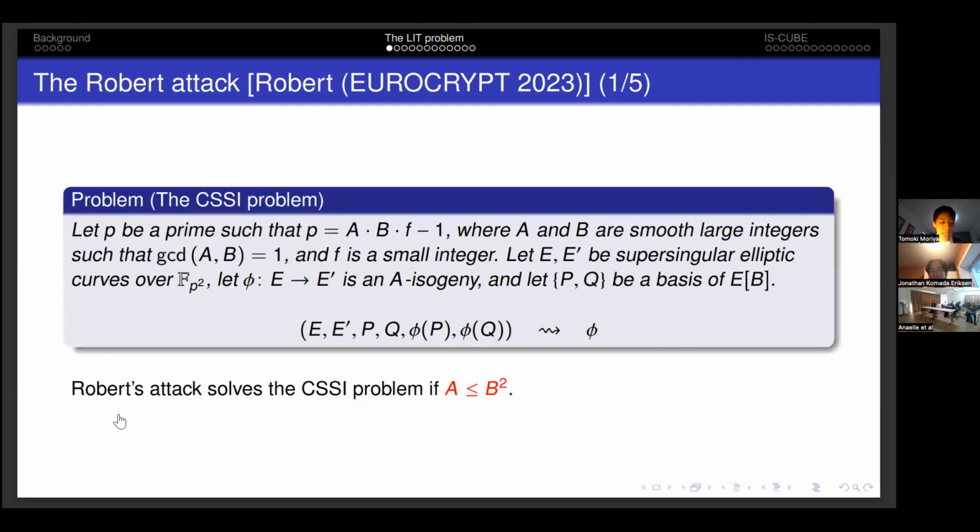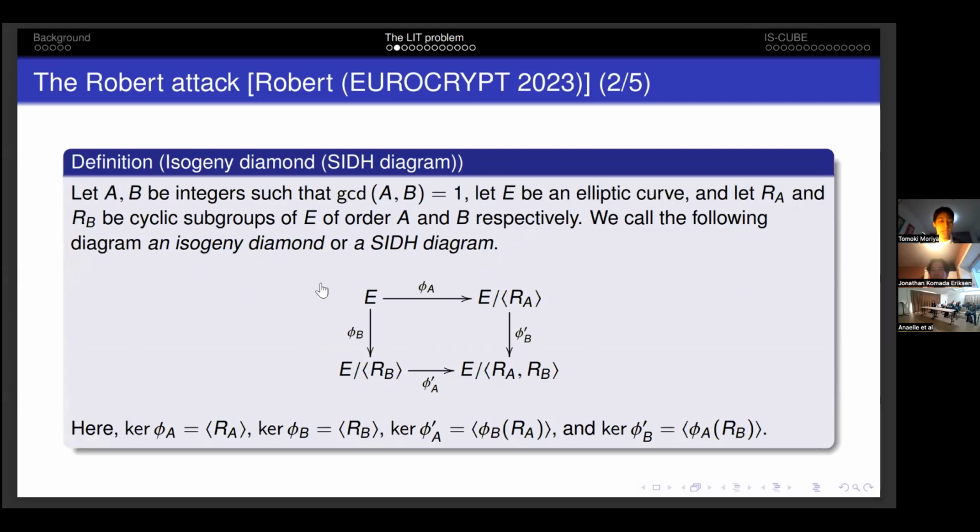And Robert's attack solves the CSSI problem if A is smaller than or equal to B squared. Then I explain how this attack solves the CSSI problem. And first I define the isogeny diamond. Isogeny diamond or SIDH diagram is a diagram used in SIDH.